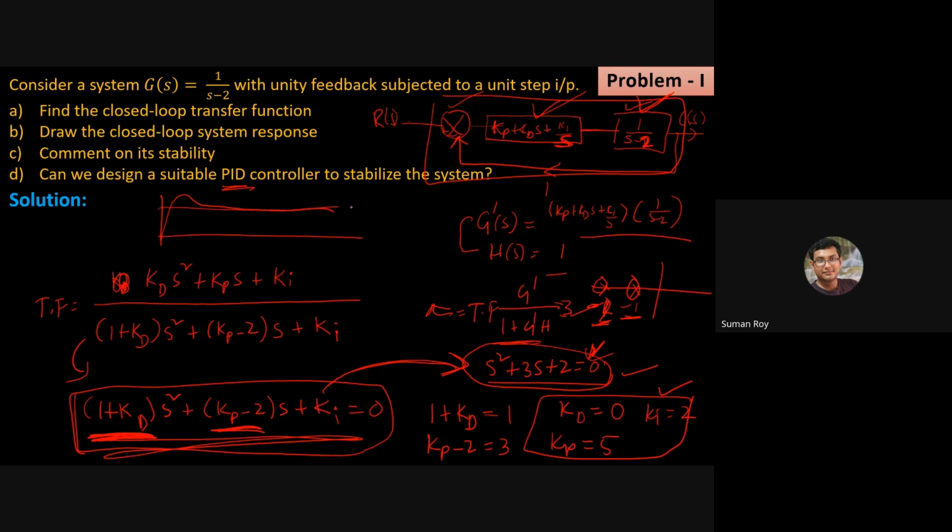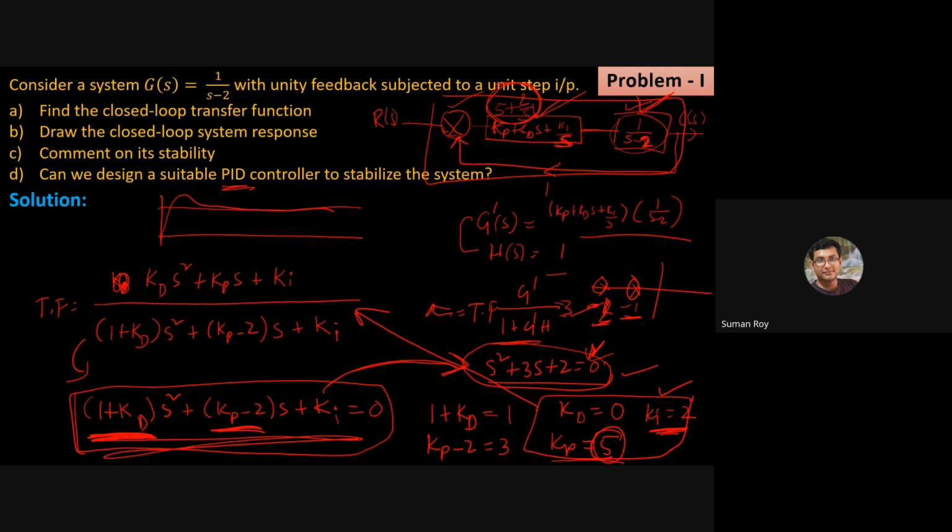I'm not drawing it here, but you can verify it in MATLAB. If you place the KP value 5 and KI value 2, that means 5 + 2/S, multiply this and take the transfer function, or rather you can directly apply the KP value 5 and KI value 2.